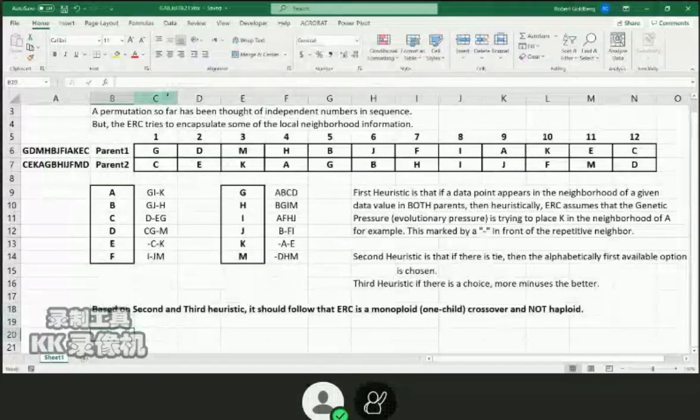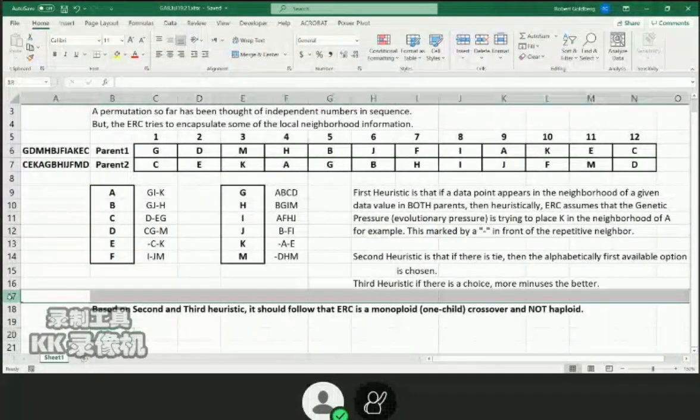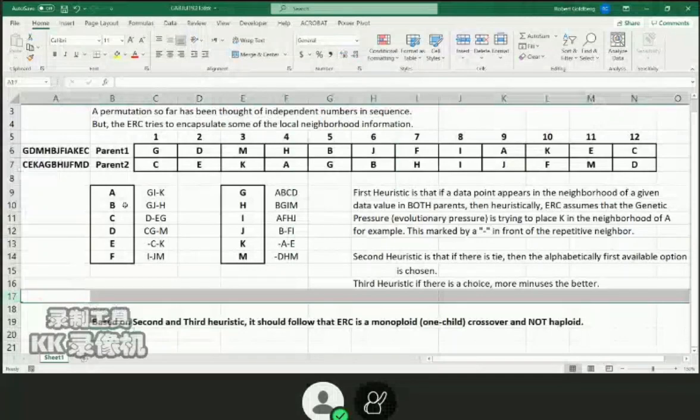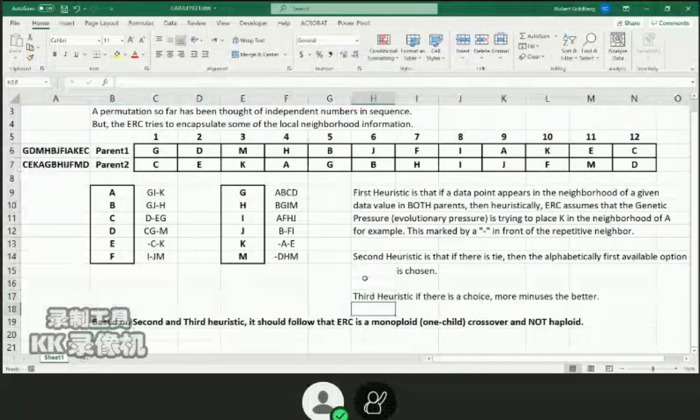All right. The point is we don't want to have ties. Well, okay. So this is the difference. Let me explain that.